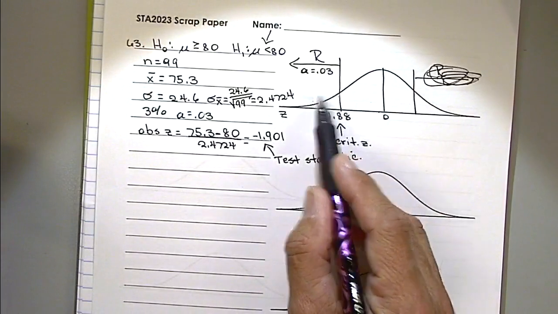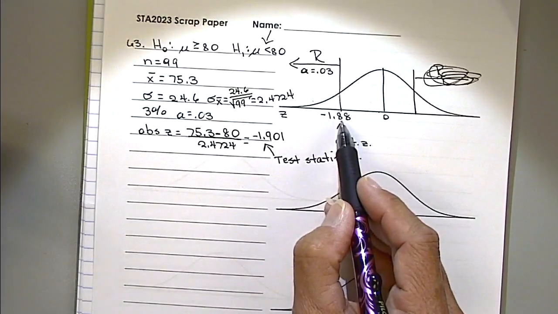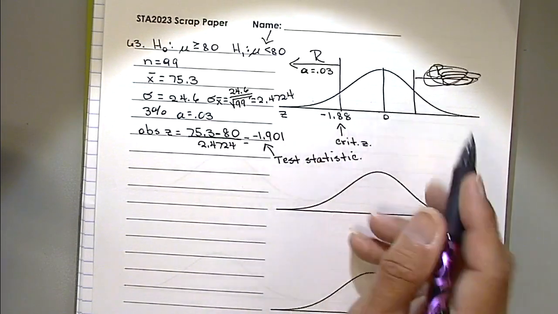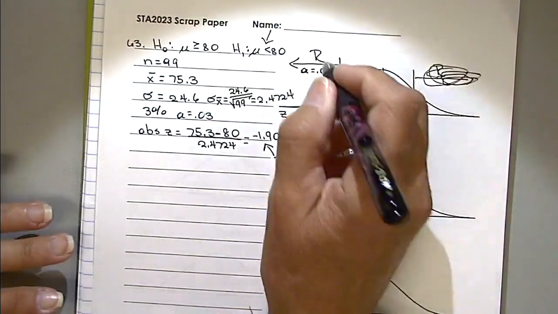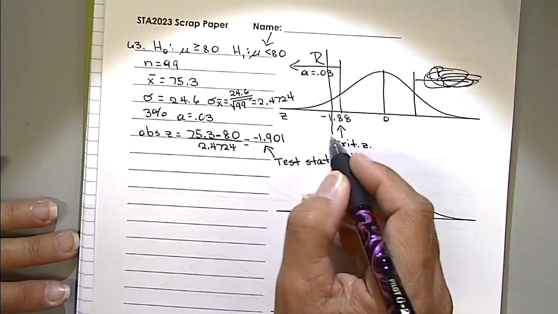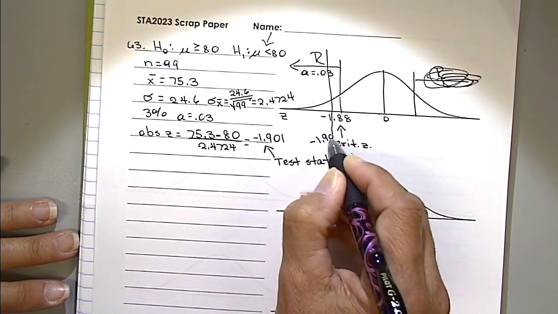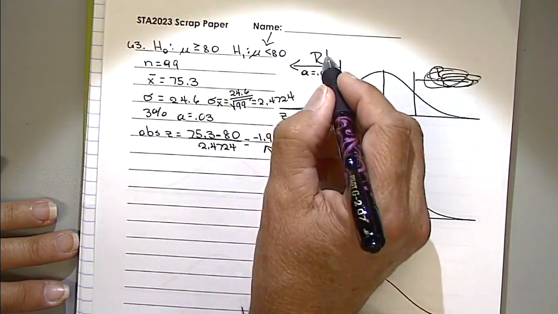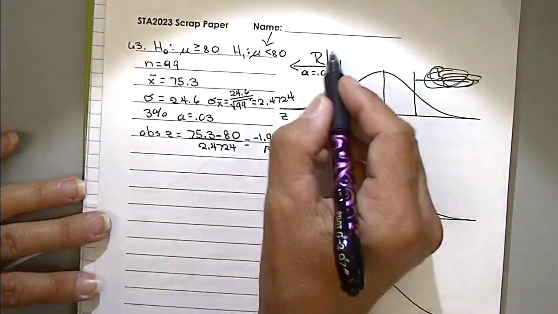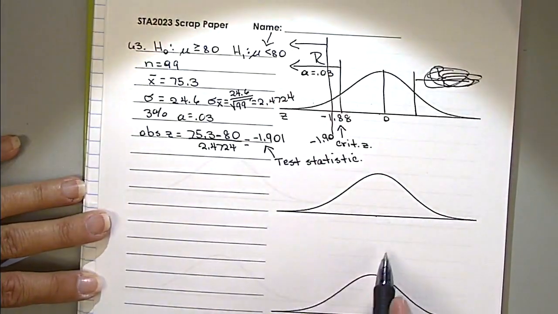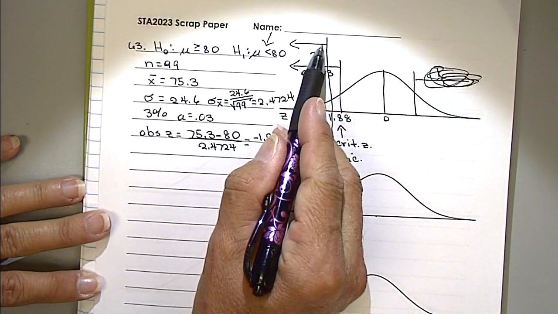Which side of this line, negative 1.88, does that observed value of z fall? Is it to the left or to the right? It's over here. Now, I know that's not accurately drawn, and I'll just go to 2 decimal places. That's where it fell. So, what if they ask you about the p-value? That's the p-value right there, okay?